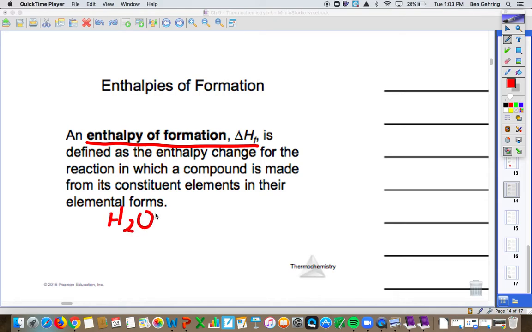When H2O forms from hydrogen and oxygen, you have a certain amount of energy, and that's your enthalpy of formation. That's your delta H sub F, which you can find in almost any chemistry textbook or online if you want to.